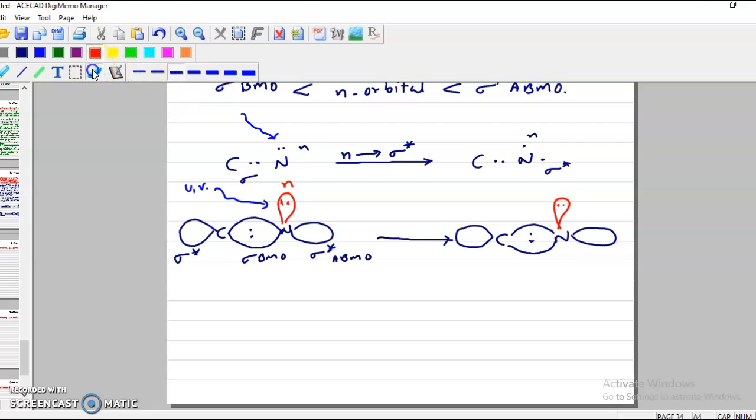Now one of these electrons absorb energy and transfer to sigma star orbital. So this is called n to sigma star transition. Energy required for this kind of transition is comparatively less than sigma to sigma star transition.